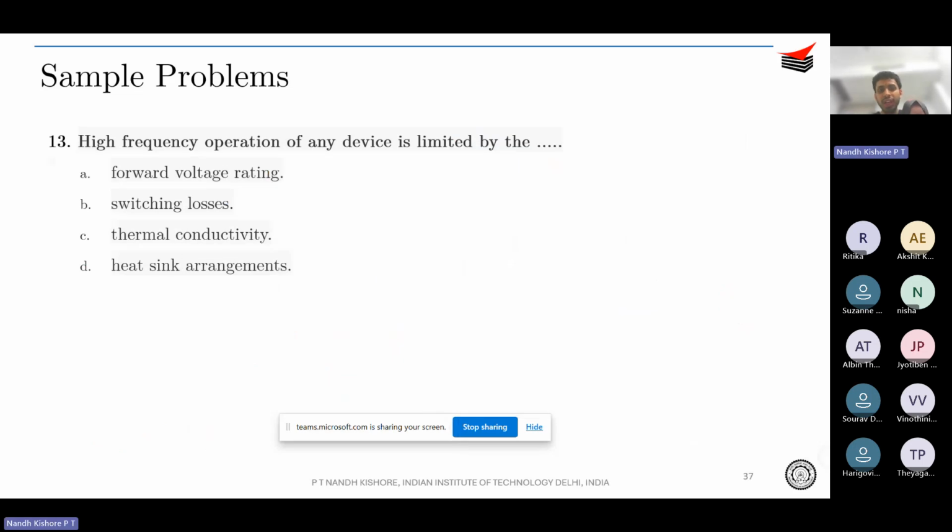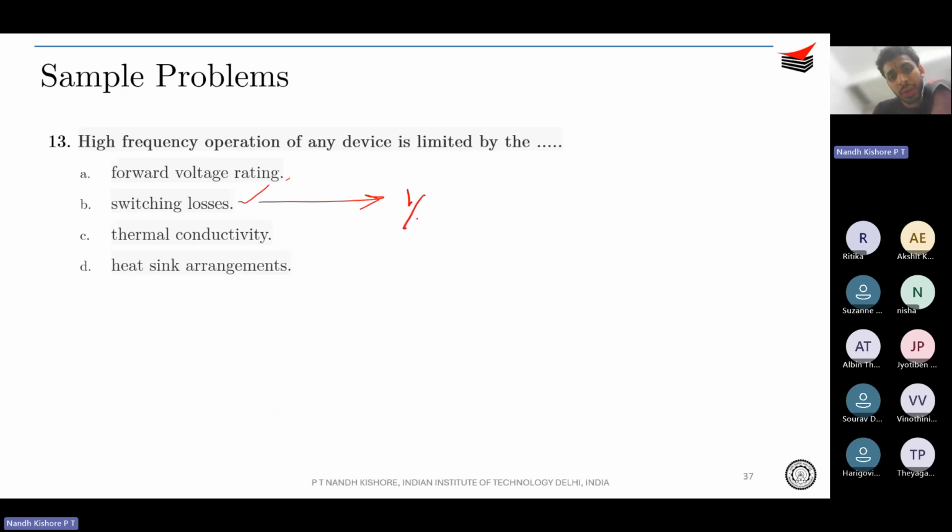High frequency operation of any device is limited by what? Forward voltage rating? No. Switching losses? Yes, we just saw it, right? Because switching losses are going to be 1 by 6 VCC IC into TR plus TF. This is your energy into frequency.